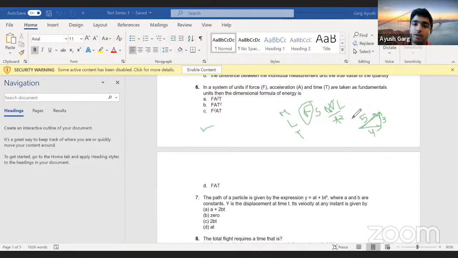So LT minus 2 is your acceleration, and the unit of displacement, which is L, is nothing but A into T square, right?